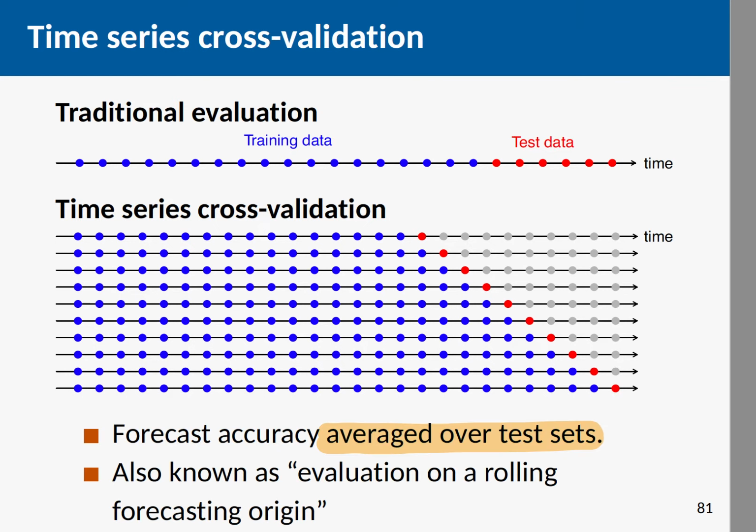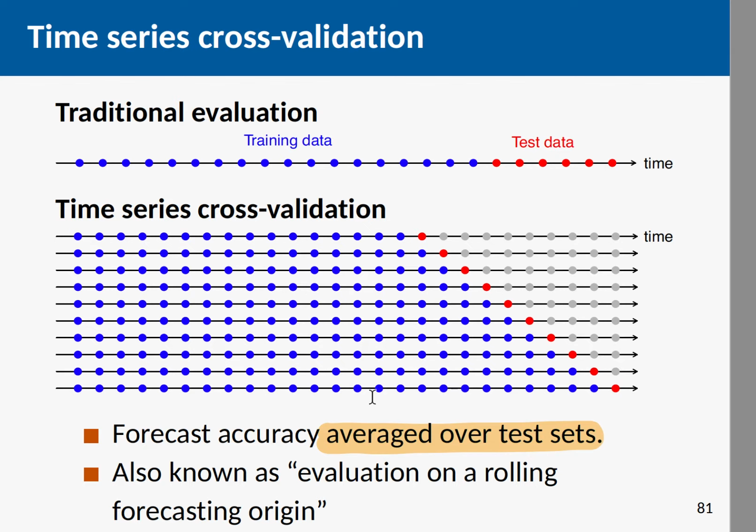Now, when we look at forecast accuracy measures in cross-validation, we typically have some metrics from each iteration. We average those accuracy metrics over the test sets that we have. These are all different test sets; this point is different than this point, and so on.